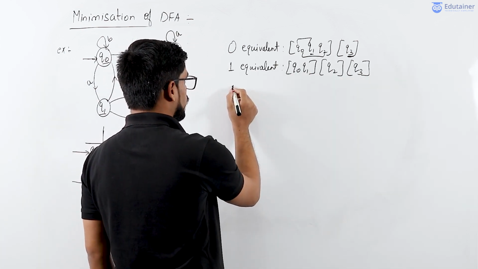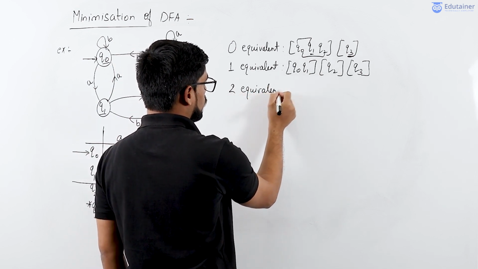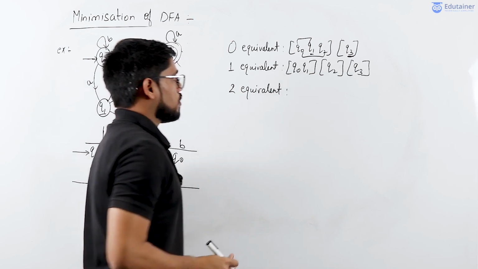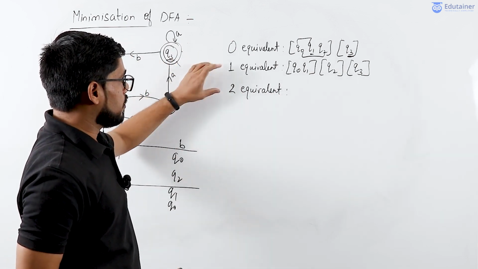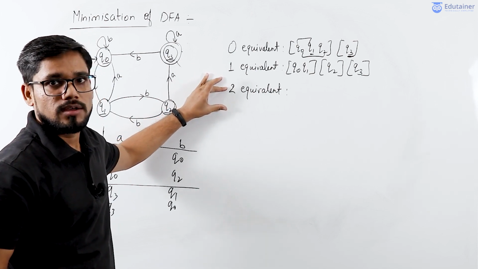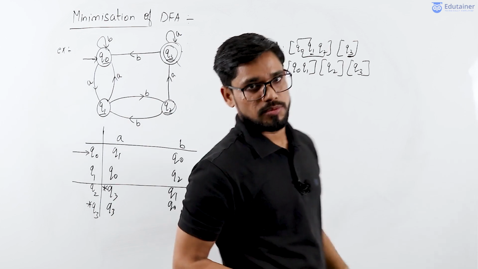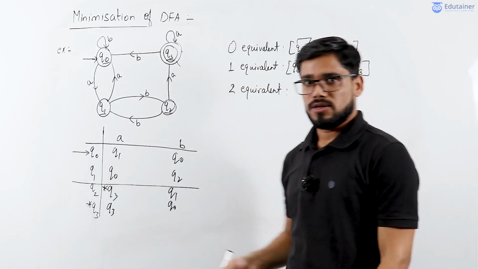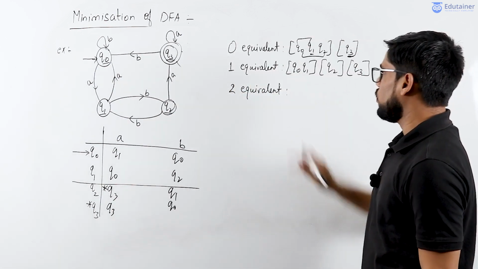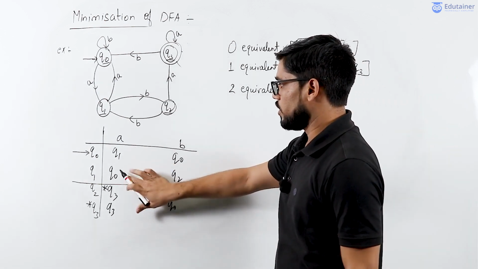Now let's construct two equivalent. You will go on until two subsequent equivalent sets are equal. If two subsequent equivalent sets are equal, then you will stop the procedure and draw the transition diagram. So in two equivalent, I will compare Q0 and Q1.